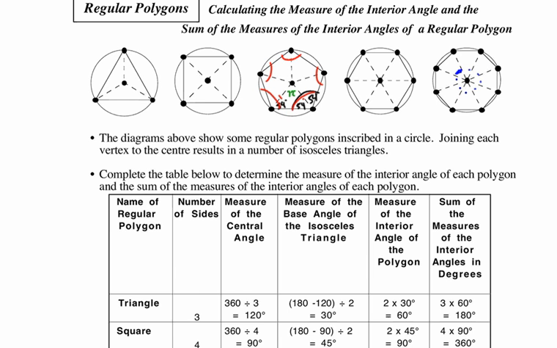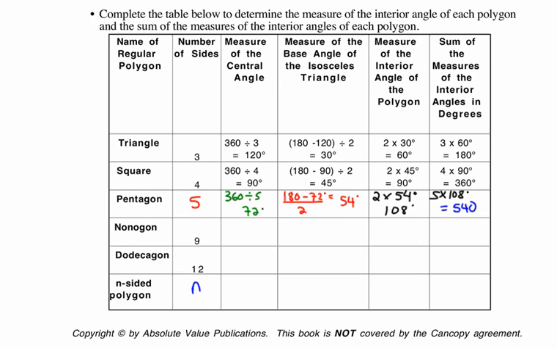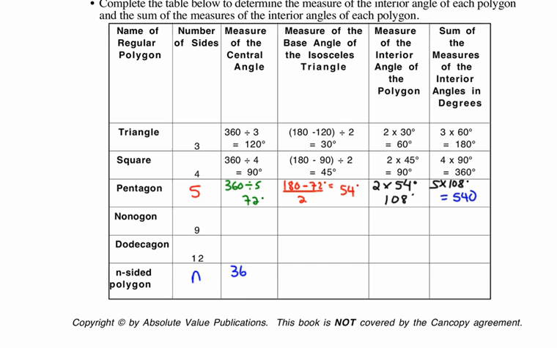Well, 360 is a full circle divided by n triangles. Now we know each angle, right? So this is 360 divided by n different triangles, because there are all these different triangles in our shape that's inscribed in a circle.